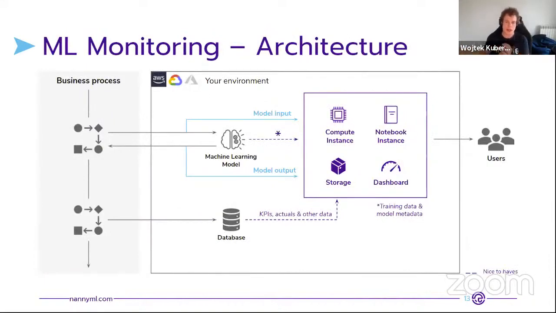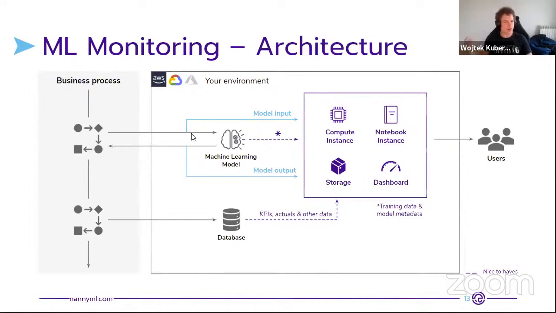Now let's look at the architecture, the engineering perspective of that. What I have here is a very simple, radically simplified diagram of how a typical machine learning system looks. On the left here, we have a business process, which emits some kind of data that is taken as a model input.